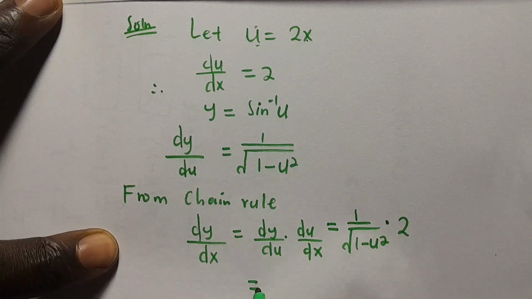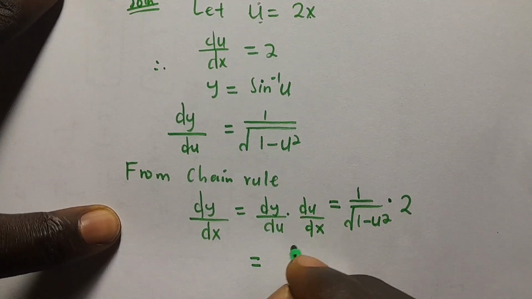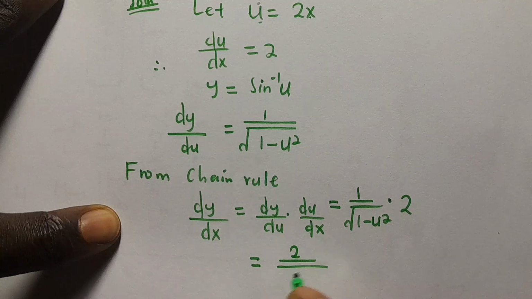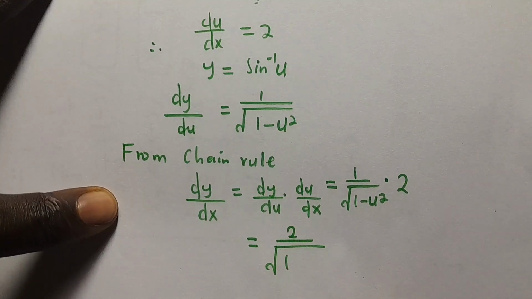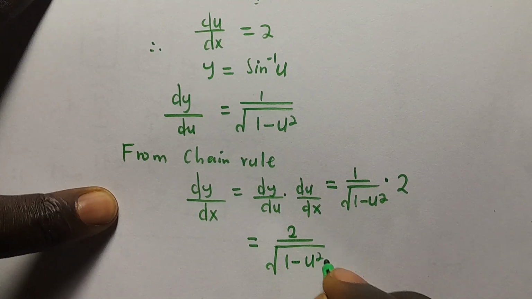So this will be equivalent to 2 divided by the square root of 1 minus u squared.